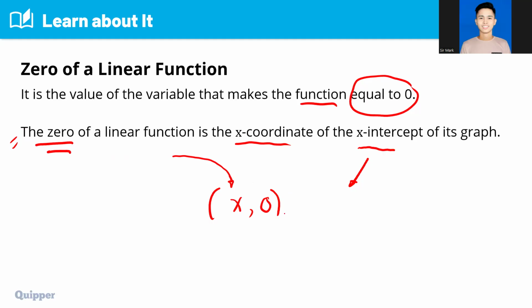So if you have the x-intercept already, the x-coordinate is also the zero of the linear function. Let's say, for example, our x-intercept is (5, 0). Therefore, the zero of the linear function is also the x-coordinate, this coordinate. We will have an example on this.